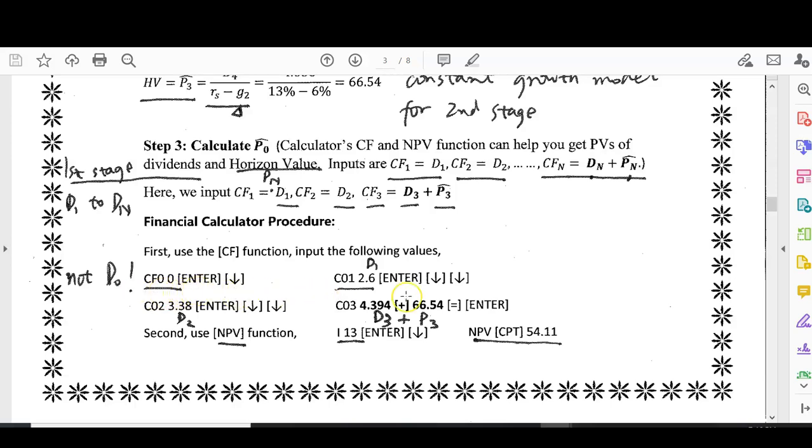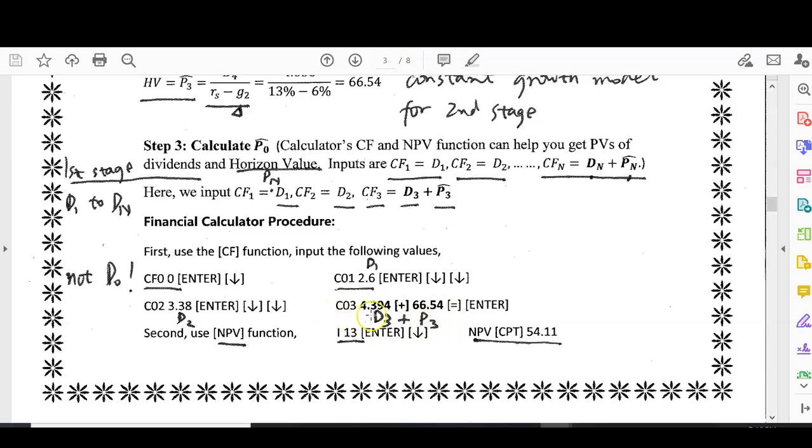Enter, down button. Frequency 1 should be 1. Okay, cash flow 1 should be 2.6, the value for D1. Enter, down button. Frequency 1, down button. Cash flow 2, 3.38, D2. Enter, down button, cash flow 3, we input D3 plus P3.